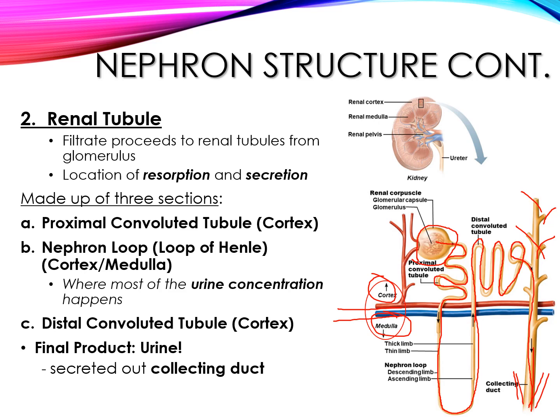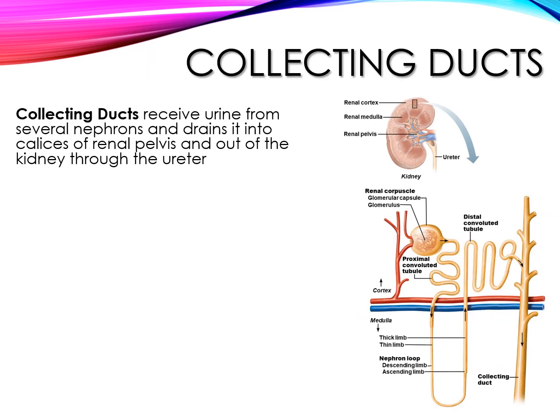Multiple nephrons all collect, which is why it's called the collecting duct. It collects all that urine, and then all those collecting ducts come together and form those renal papillae at the bottom of those pyramids.